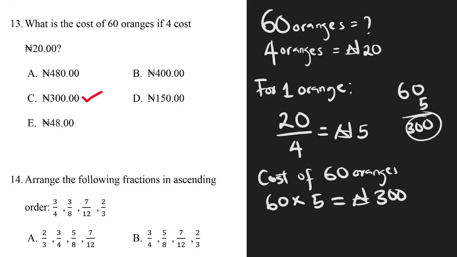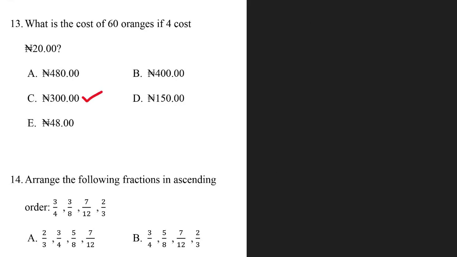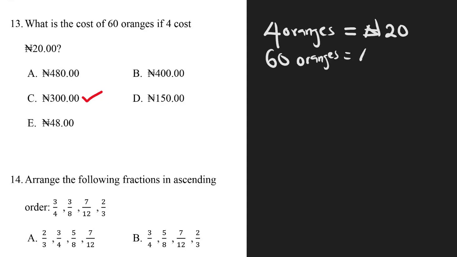So let's see the second method, whether we're going to get the same thing. Using the second method, we are aware that 4 oranges cost 20 naira. Then 60 oranges will cost how much? We don't know, so it will cost X naira.